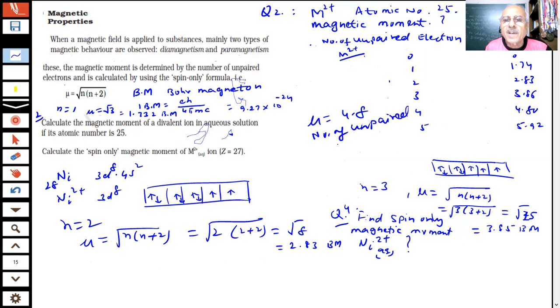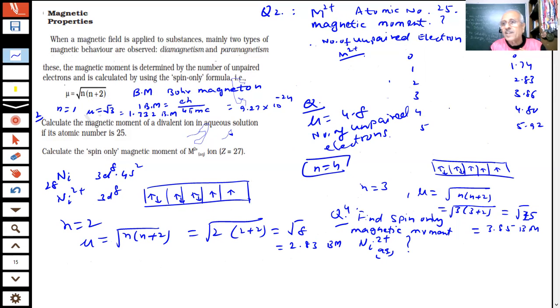I don't have to apply the formula. I can apply it, nobody stops you, but I can straight away say n equal to 4. If you want to calculate, you can apply the formula, no problem, but the faster approach is to just take the first value.